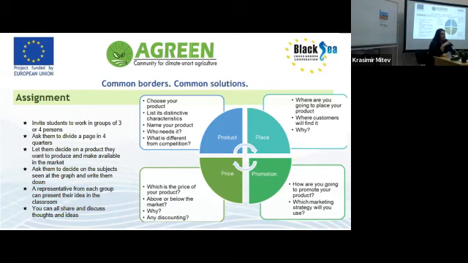Then you let them discuss for about 10 minutes a quarter, and they should decide on a product that they want to produce, where they should place it in the market, and what price they will set. Of course, we're talking about farming products, or sustainable farming products, and how they choose to promote this product.